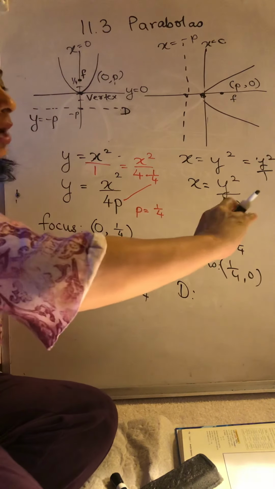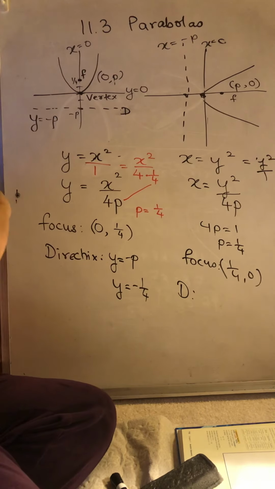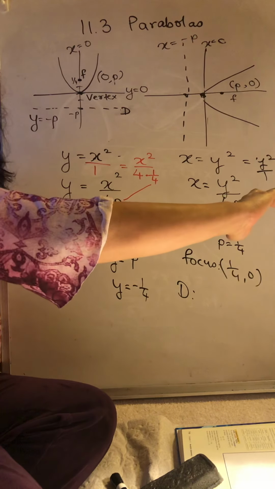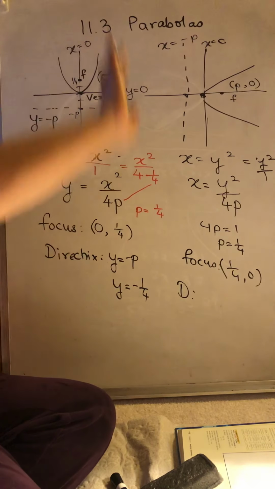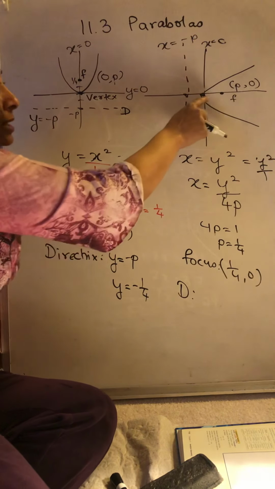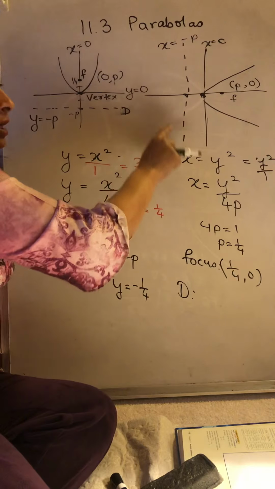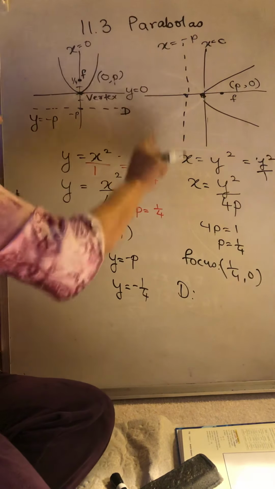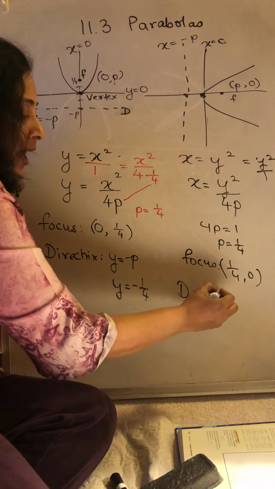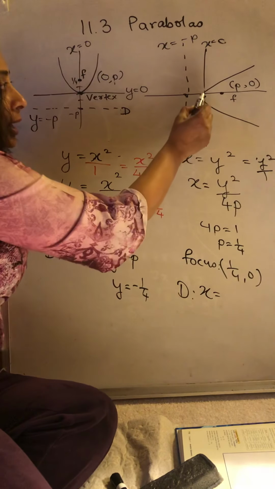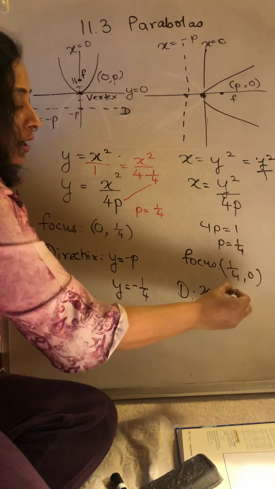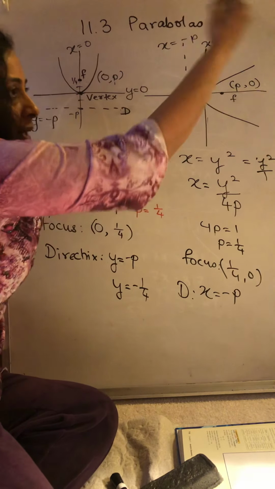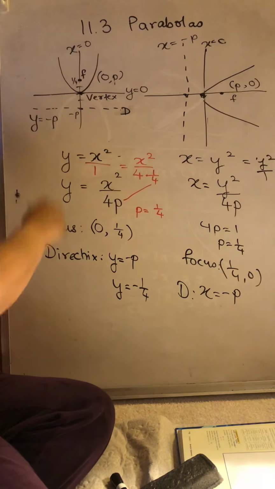It's either going to be horizontal, in which case the equation is always y equals something, or it will be vertical, which means the equation is x equals something. Since the parabola is opening sideways, its directrix has to be vertical, which means it's going to be x equals something. It's going to be the same distance away from the focus. So if this is p, it was p units to the right, now it's p units to the left.